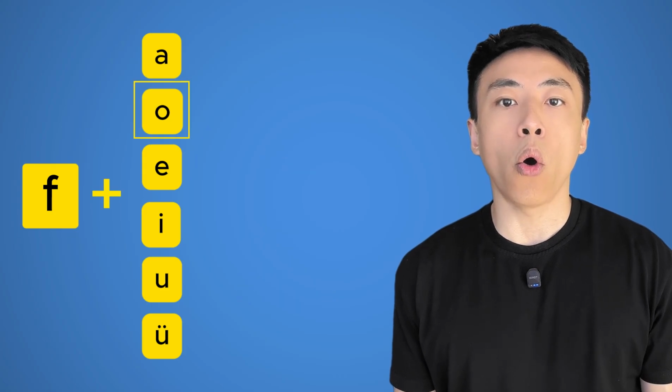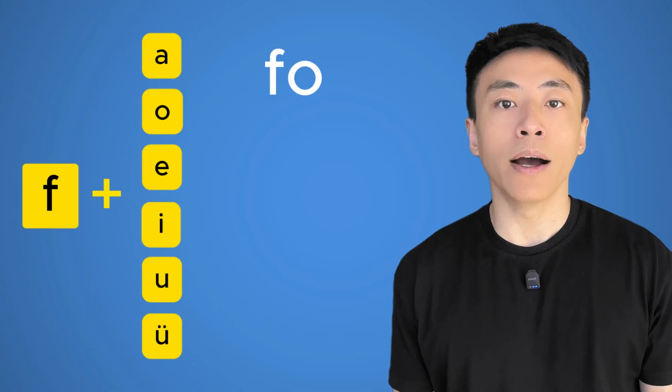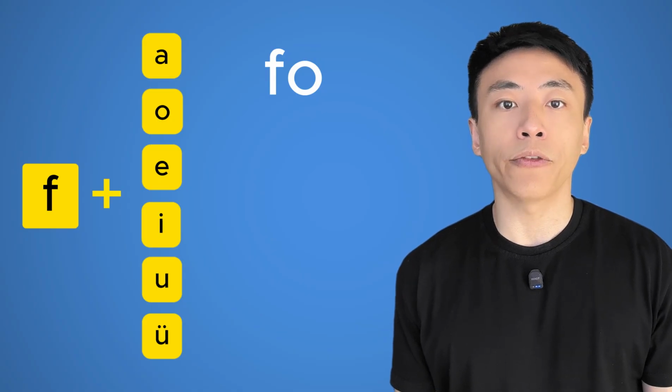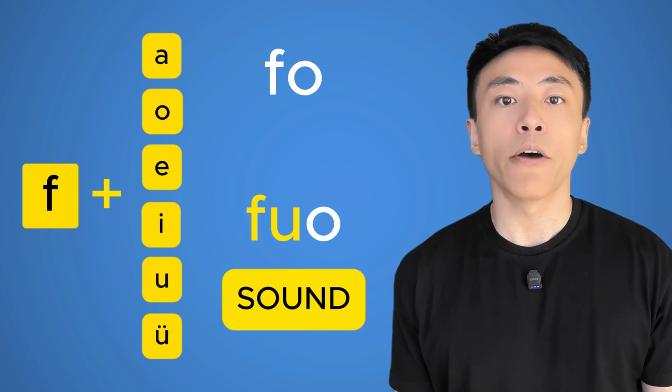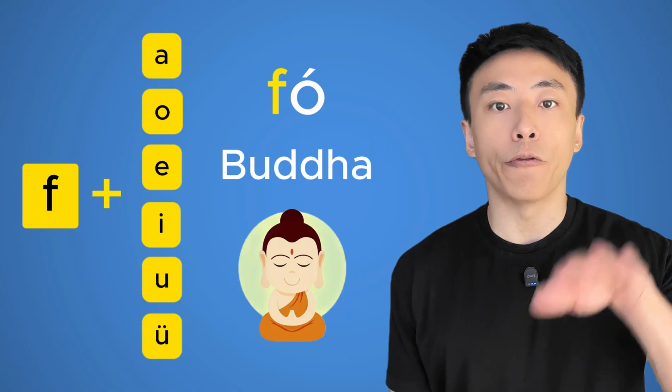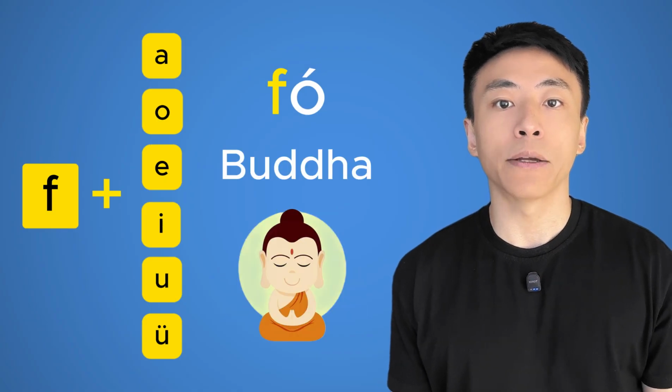Fo, o, fo. Same rule as bo, po, mo. After f, it's pronounced as fuo, putting a quick u before o. But we write fo. This is also the initial's name. Fo, fo with the second tone, meaning Buddha.